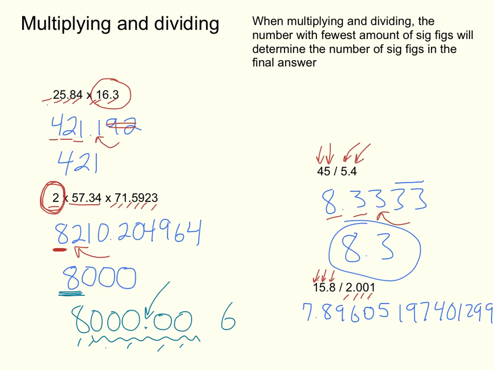So we can only use 3 sig figs here, so we count 1, 2, 3. We're going to use this one to round. So our new number would be 7 point. Oh, excuse me. This 9 bumps the 8 up to a 9, so 7.90. And that's our final answer.